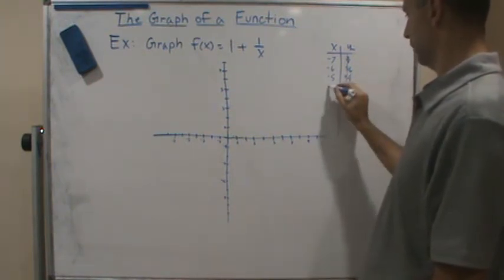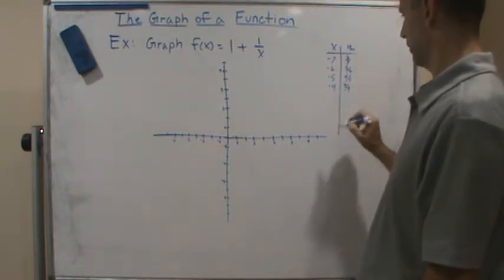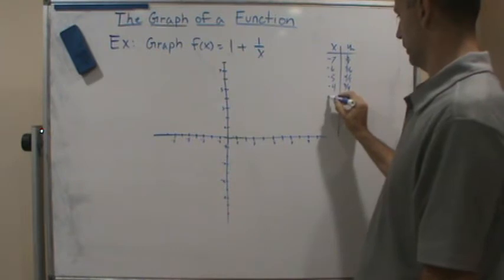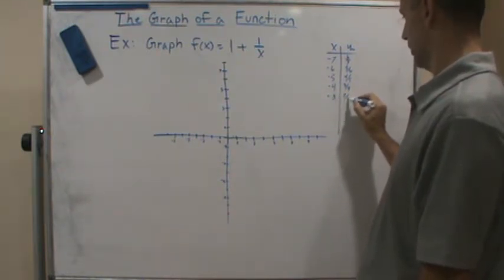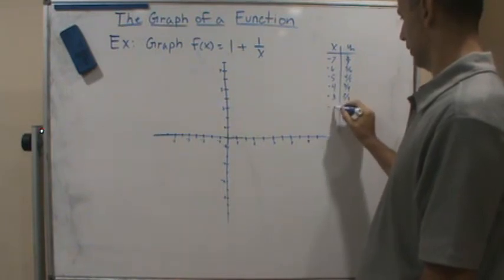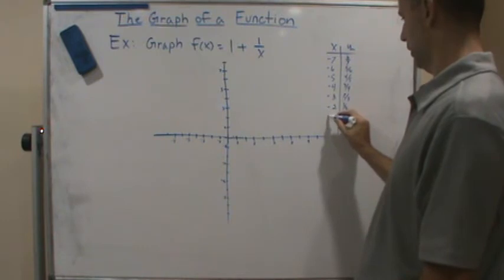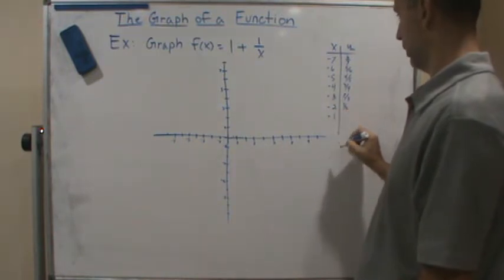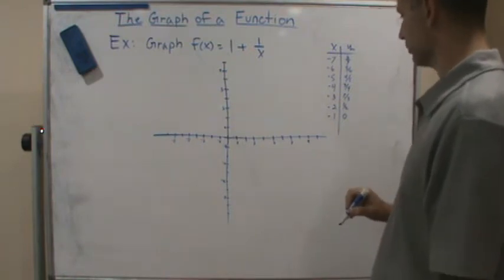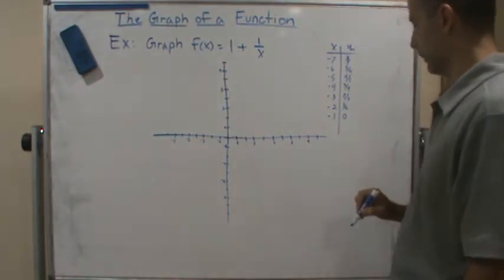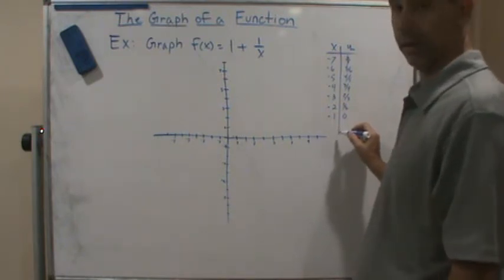If we put in negative 4, we get 3/4. If we put in negative 3, we get 2/3. If we put in negative 2, we get 1/2. If we put in negative 1, we get 0, right? And we can't put in 0 because we get an undefined answer.